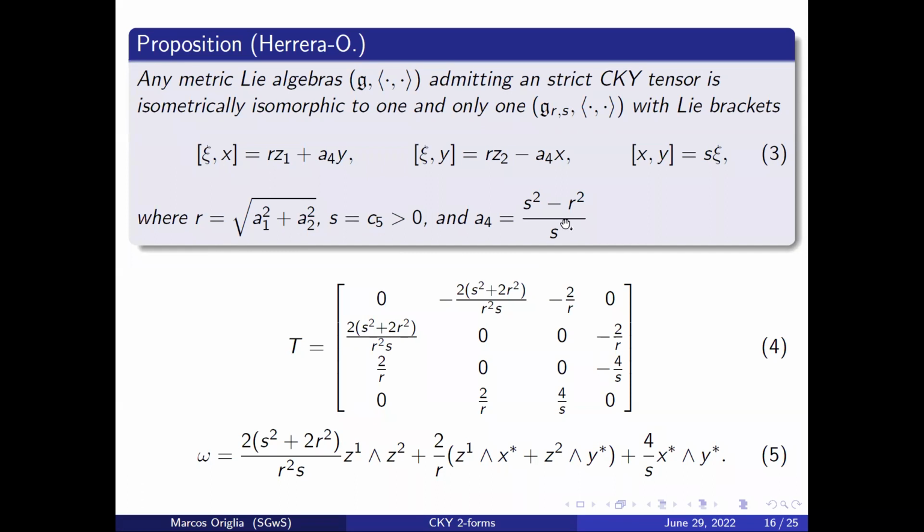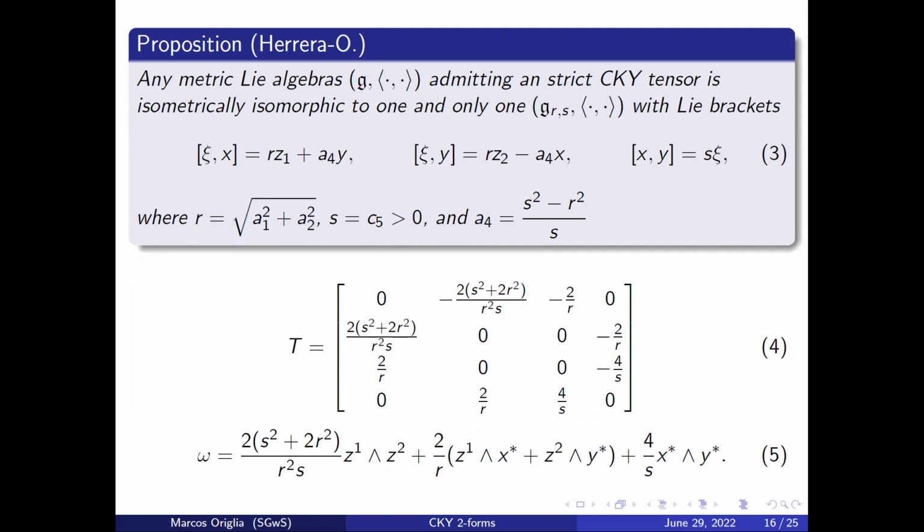So the rest of the parameters are 0, and of course C5, which is S. And we can assume that this S is positive. Otherwise, you do a change of X and Y, and you have the other case.